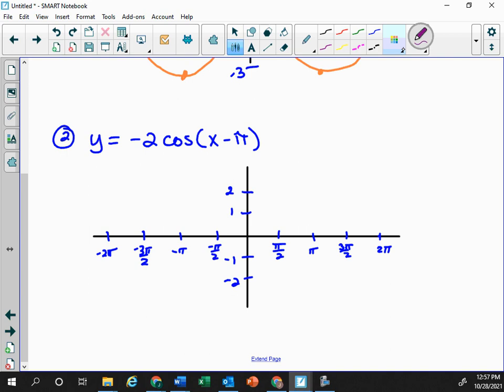All right, I'm going to put the parent dots for cosine on here. You'll get to a point where you probably start with just doing -2 times the parent dots right away, but we'll do it in 2 steps since this is your first cosine graph. Cosine, remember, is the one that starts up here at 1, 0, -1, 0, 1. Follow your pattern and you've got your parent dots.